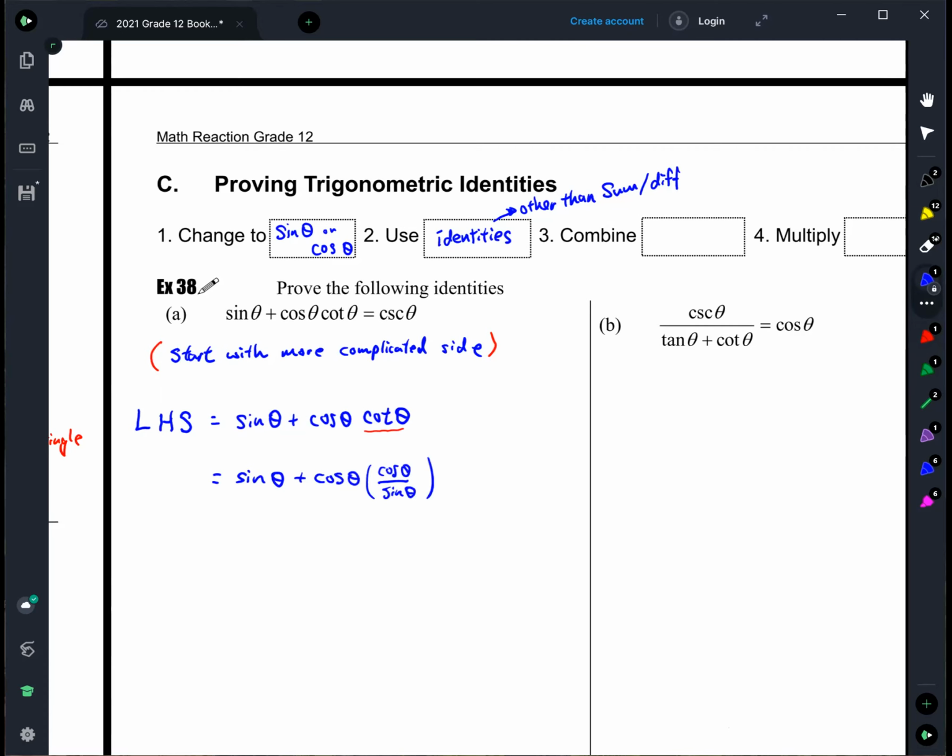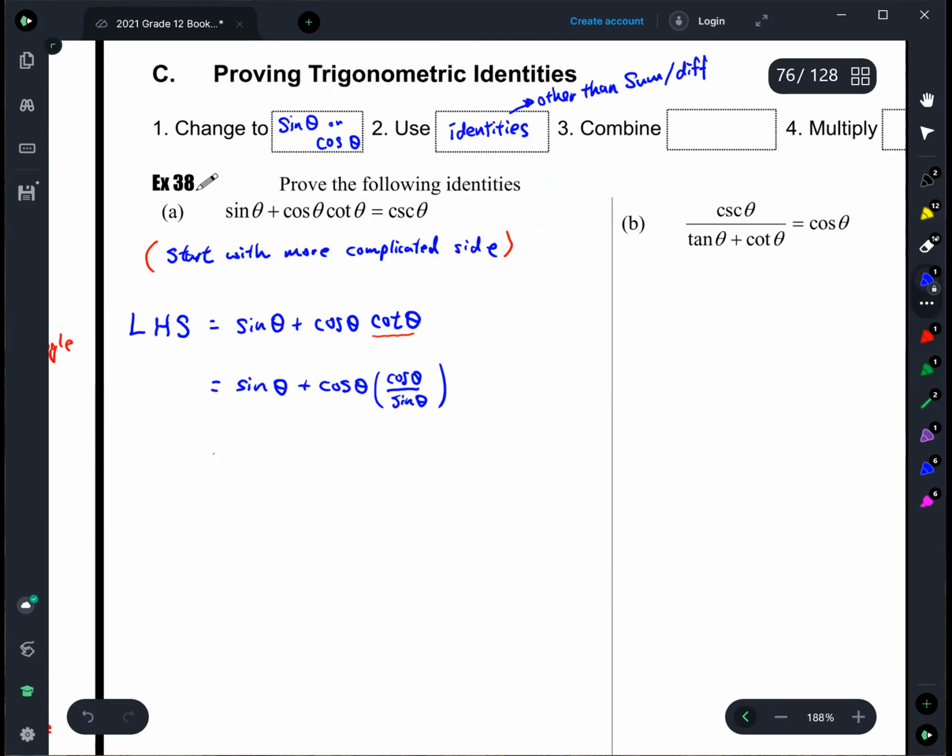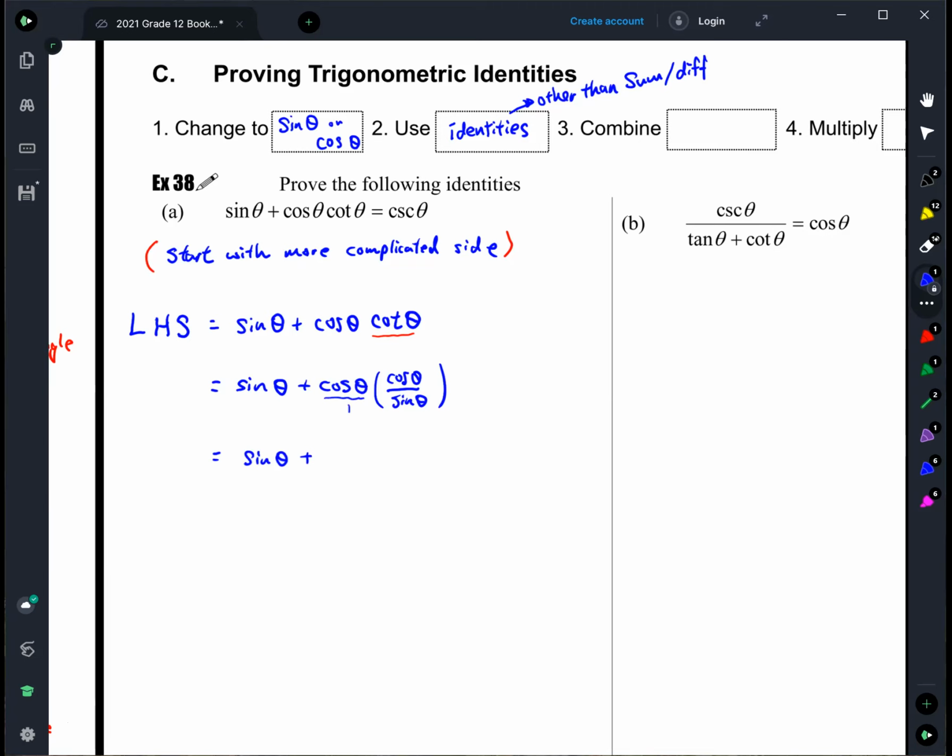Then we're going to simplify it. Sine theta still stays there. Cosine theta times cosine over sine. Cosine is like cosine over 1, right? So multiplying fractions, the top will become cosine squared, because cosine times cosine over sine.